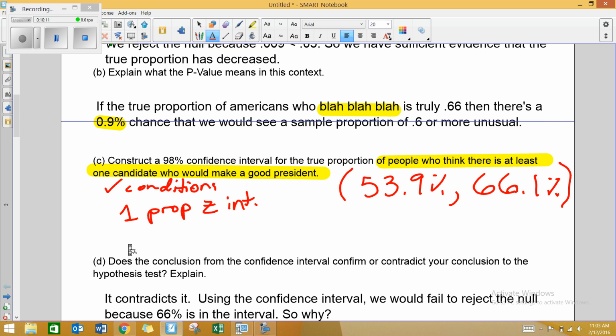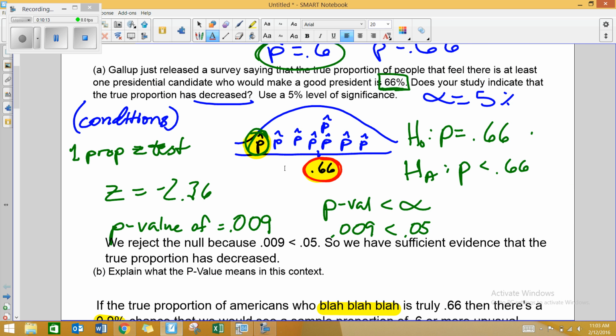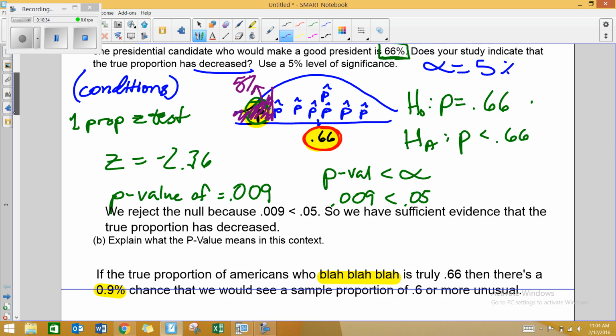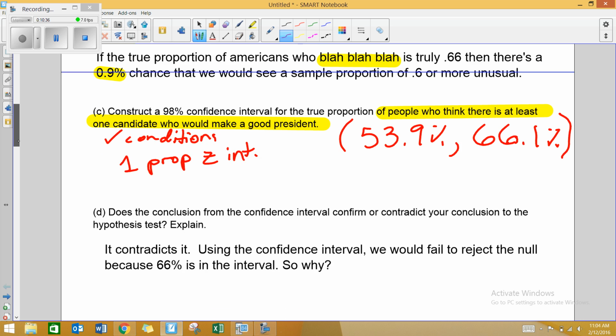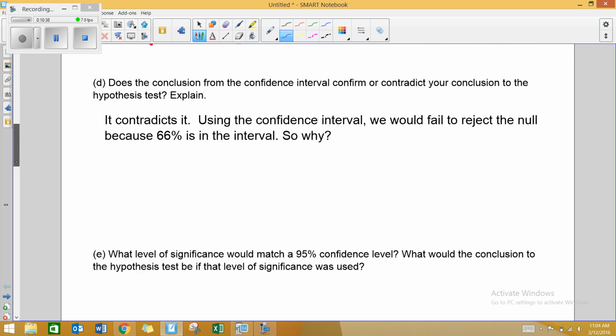Up here, we ran it at 5%. So we ran the hypothesis test with that shaded piece representing 5%. Our p-hat fell into that 5%, so we rejected the null.